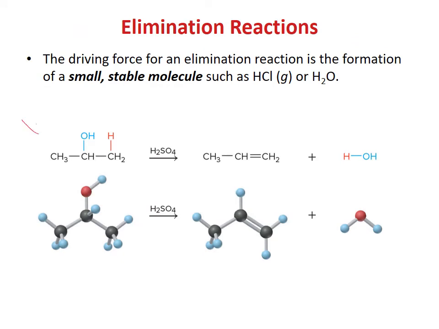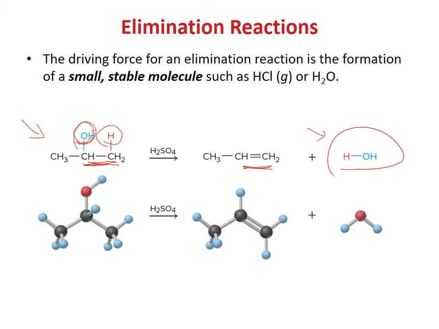This reactant is a saturated compound called alcohol with a hydroxy group. During the reaction, this hydroxy group and an adjacent hydrogen come off as a water molecule, and the carbon-carbon single bond becomes a carbon-carbon double bond. So the reaction eliminates a small molecule, water, and forms an unsaturated compound, alkene.